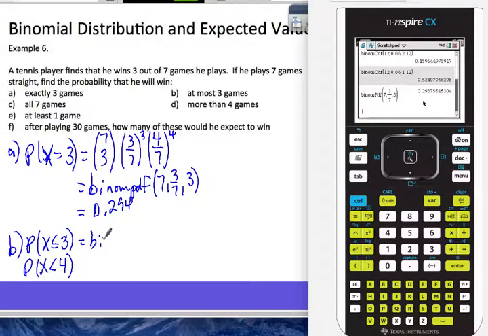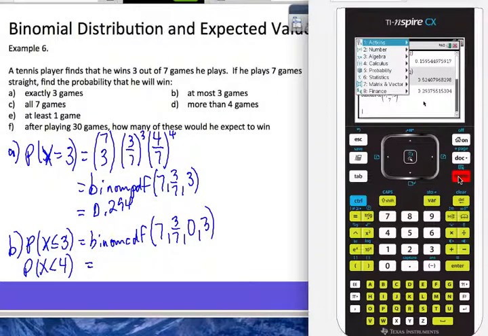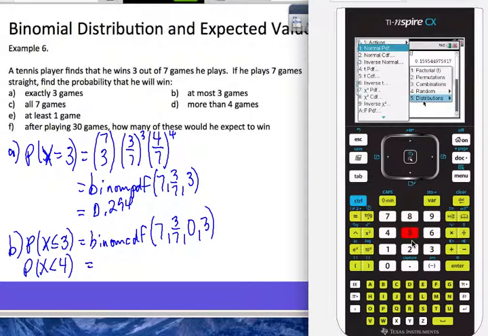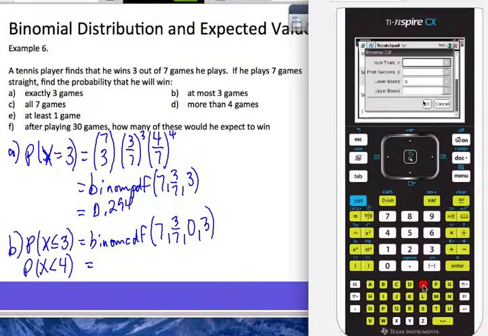And this time we want a range of probabilities, so we want a cumulative calculation. So binomial CDF: it's 7 trials, probability of success on each trial is 3/7, and we want to add up all the probabilities of successes from 0 up to 3. On your calculator, option 5, option E this time.